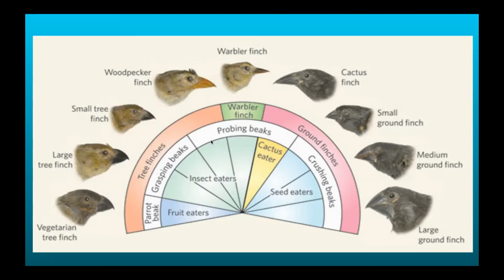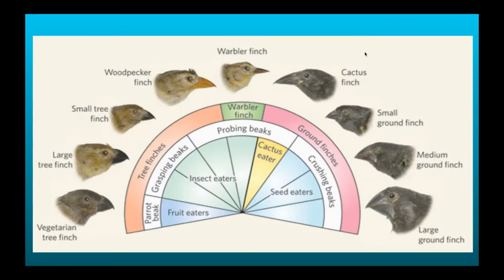If they were insect eaters, they looked a little different. So you can kind of see these over here. Then cactus eaters and the seed eaters, all their beaks looked different, right? But they all had the same common ancestor. So that's how he was able to come up with the theory of the species, right? How you create a new species of animal.